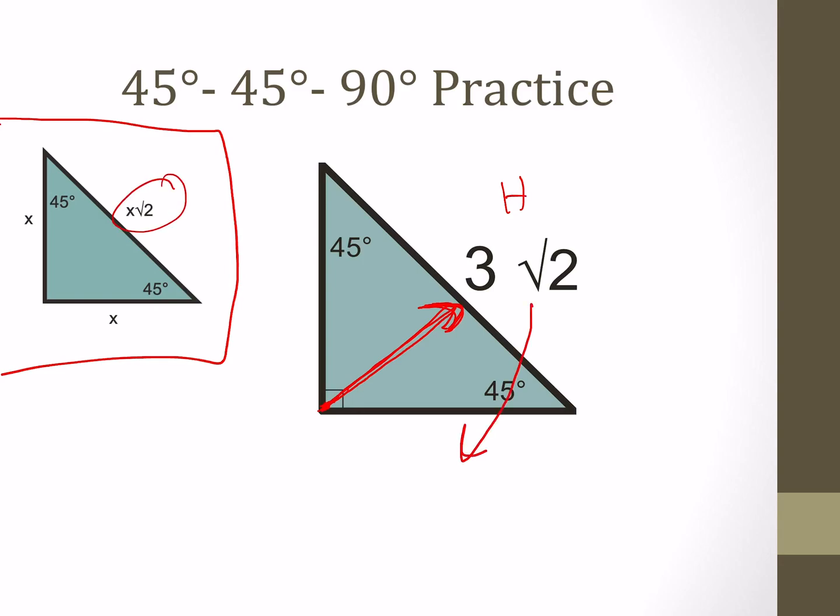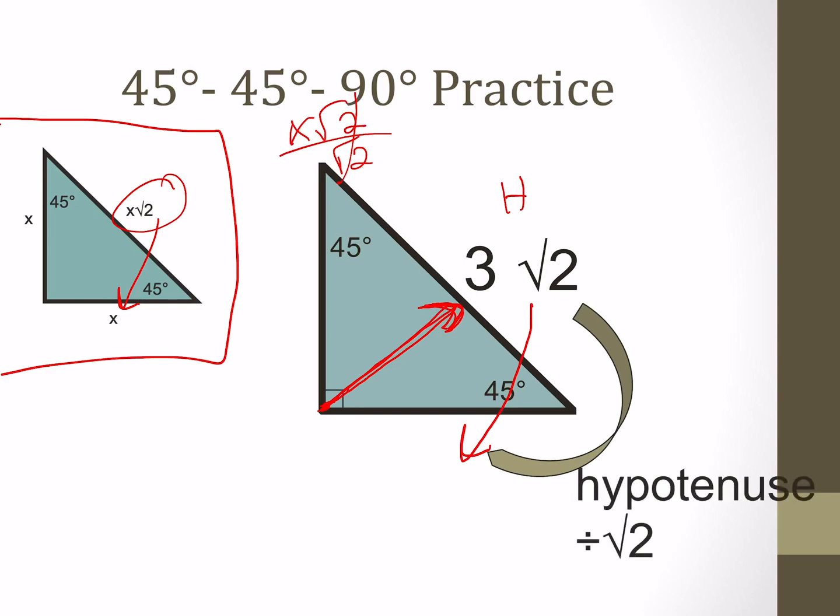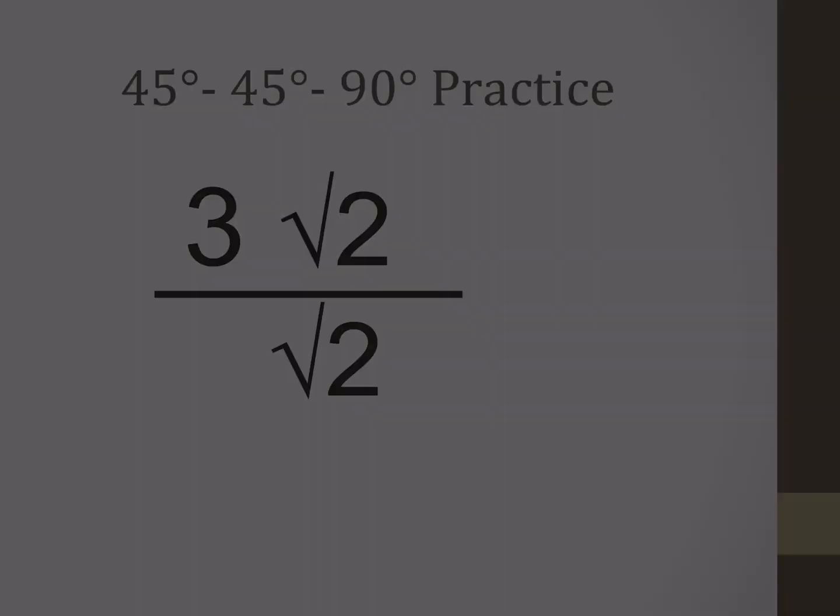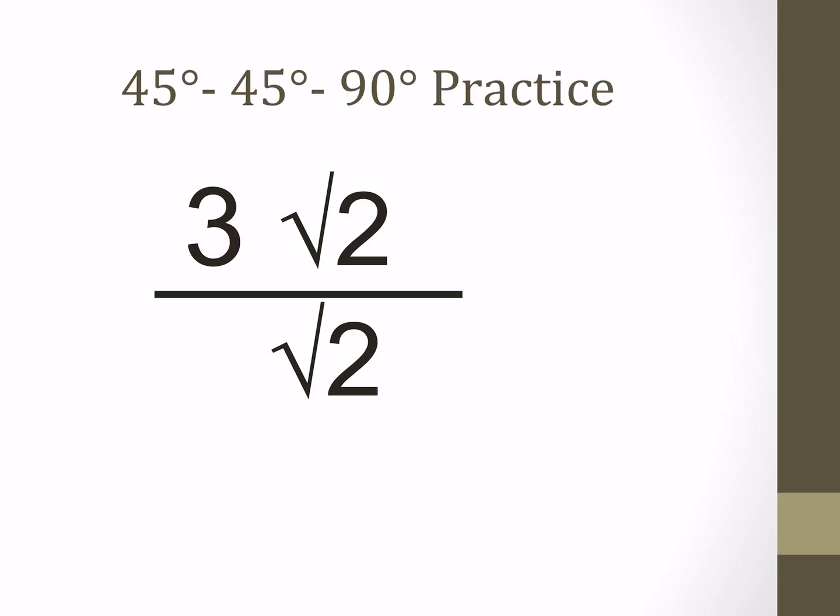So what am I going to do to get here? Well, if I've got x radical 2, in order to get rid of my radical 2, I'm going to have to divide by radical 2, right? So doing that, how does that play out? This is where you're going to divide by radical 2, and this is where we're going to have to rationalize our denominator.